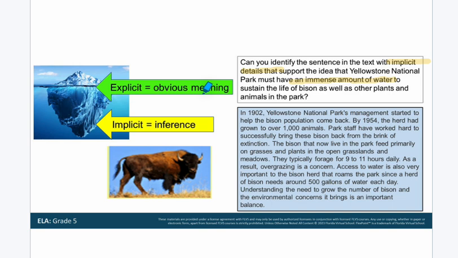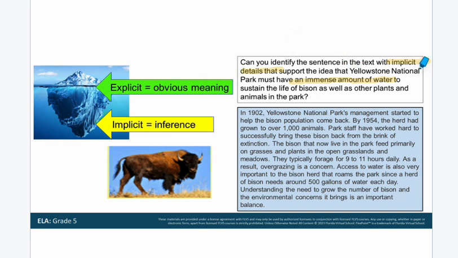They typically forage for 9 to 11 hours daily. As a result, overgrazing is a concern. Access to water is also very important to the bison herd that roams the park, since the herd of bison needs about 500 gallons of water each day. Understanding the need to grow the number of bison and environmental concerns it brings is an important balance.